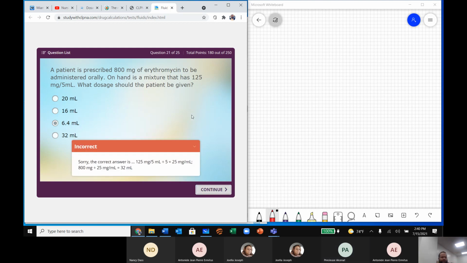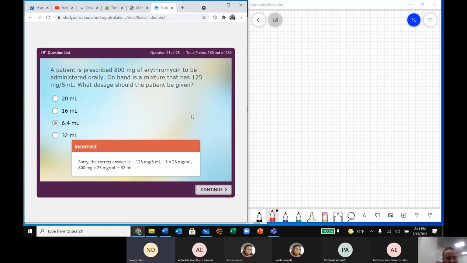Yes, Professor, it's incorrect. Is that incorrect? Yes, incorrect, because the patient is prescribed 800 milligrams of erythromycin to be administered orally. On hand, we have 125 milligrams.